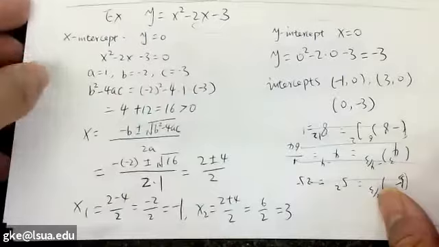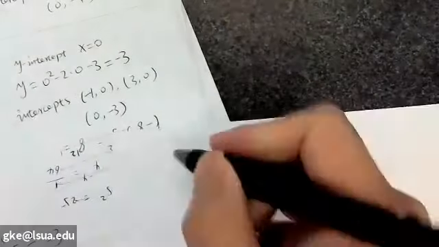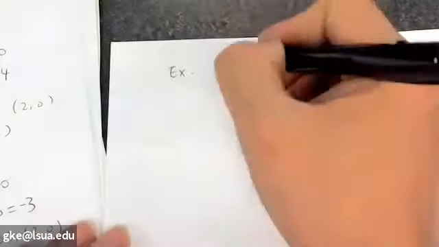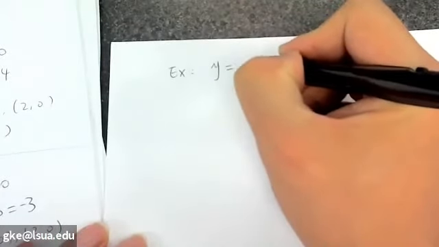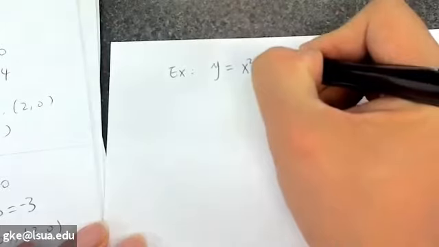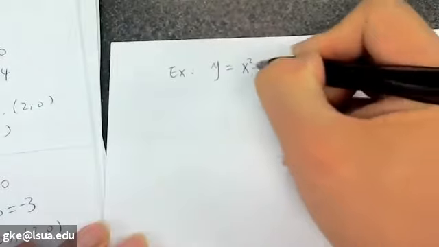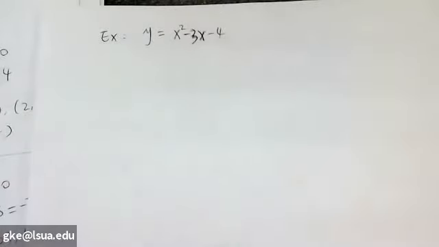So now I'm gonna give you guys another one: x squared minus 3x minus 4. Try it again, okay?